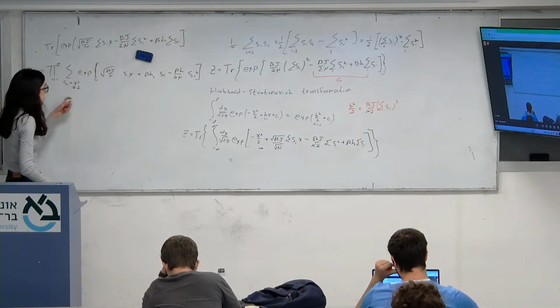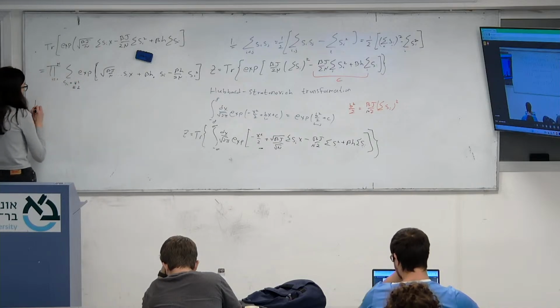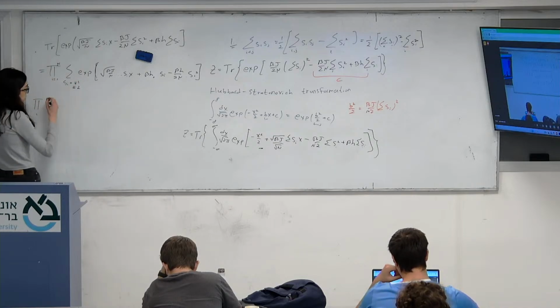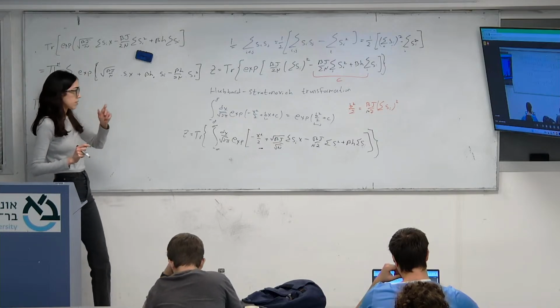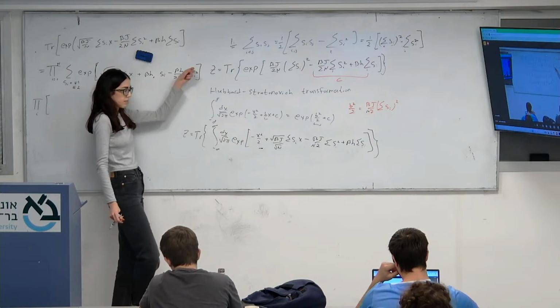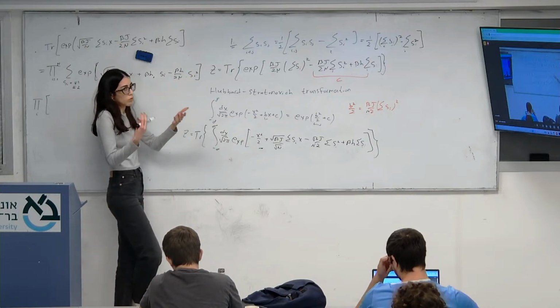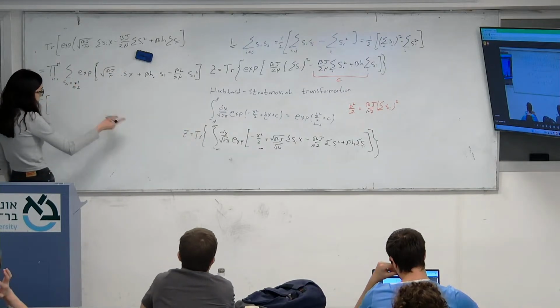Okay, so let's start with plus minus 1. For both plus and minus, the term that includes si square is not going to change, because plus and minus 1 squared is still 1. So I can take it outside.